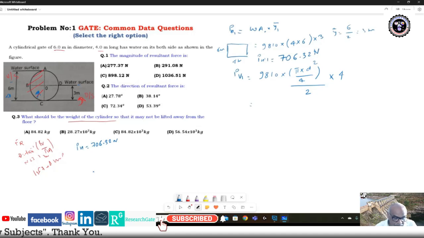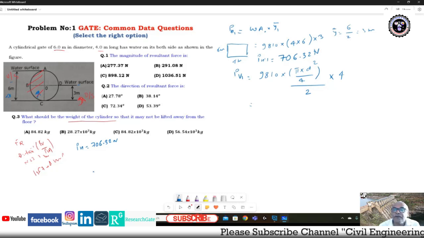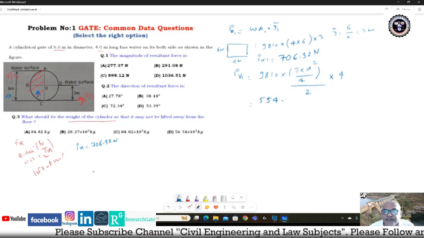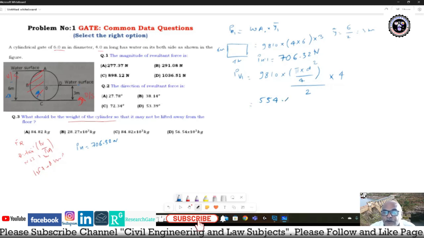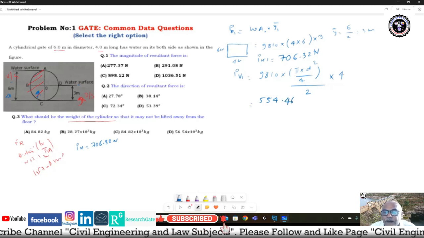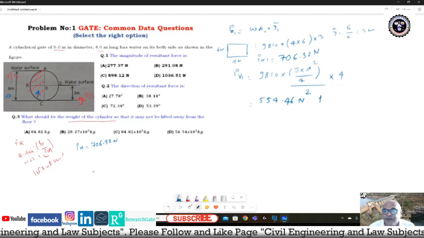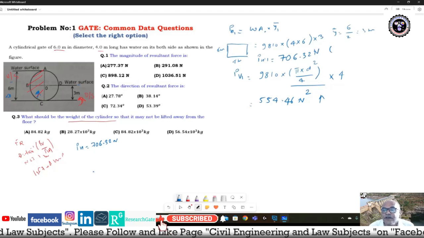That is equal to 9810 into 3.14 into 6 square divided by 8 multiplied by 4 equals 554.46 Newton. Okay, so this is vertical and acts in this direction.